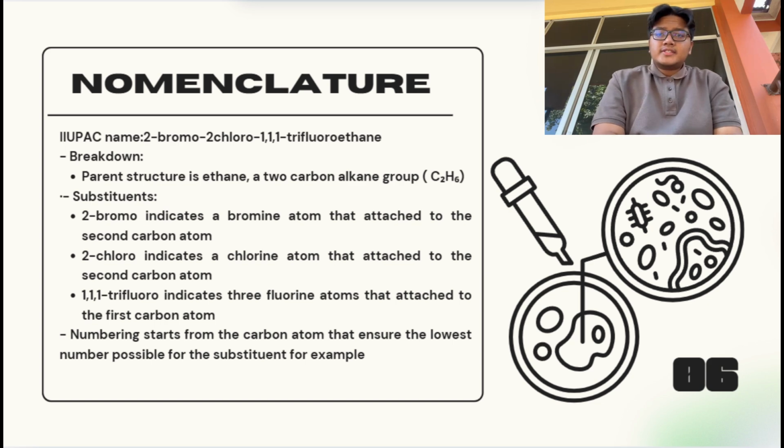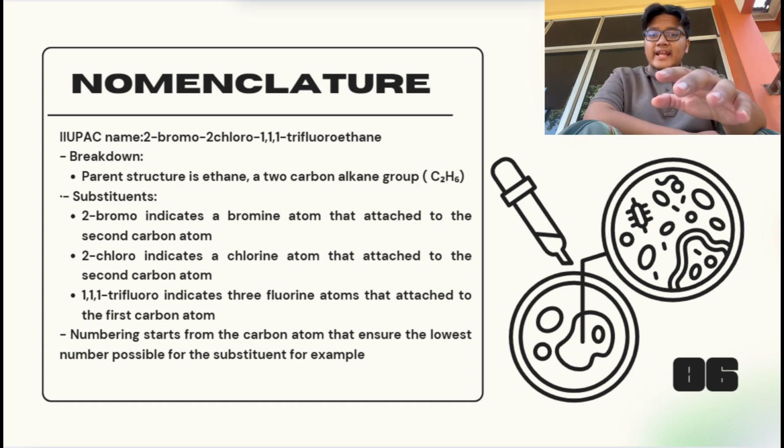Second is substituents. 2-bromo indicates a bromine atom that attaches to the second carbon atom. 2-chloro indicates a chlorine atom that attaches to the second carbon atom. 1,1,1-trifluoro indicates 3 fluorine atoms that attach to the first carbon atom. Numbering starts from the carbon atom that ensures the lowest number possible for the substituent, for example.